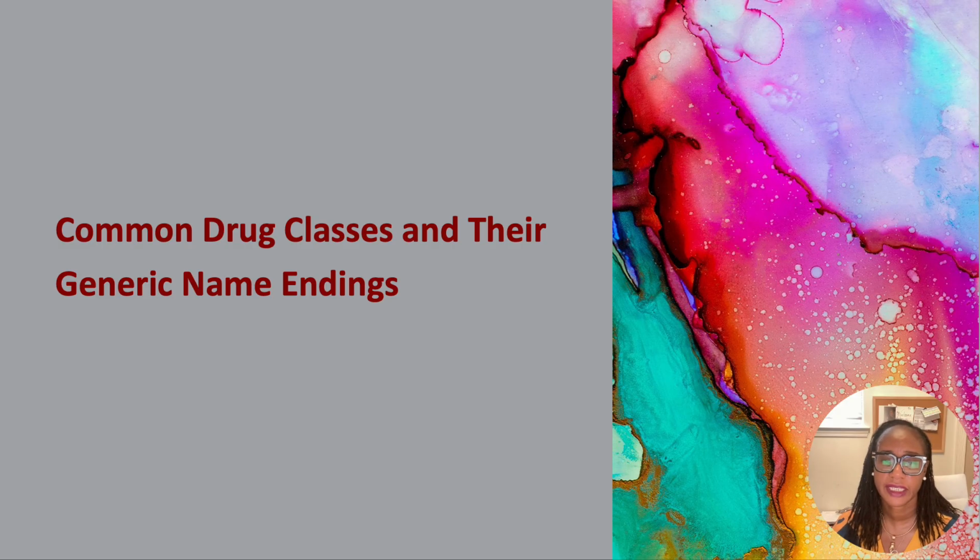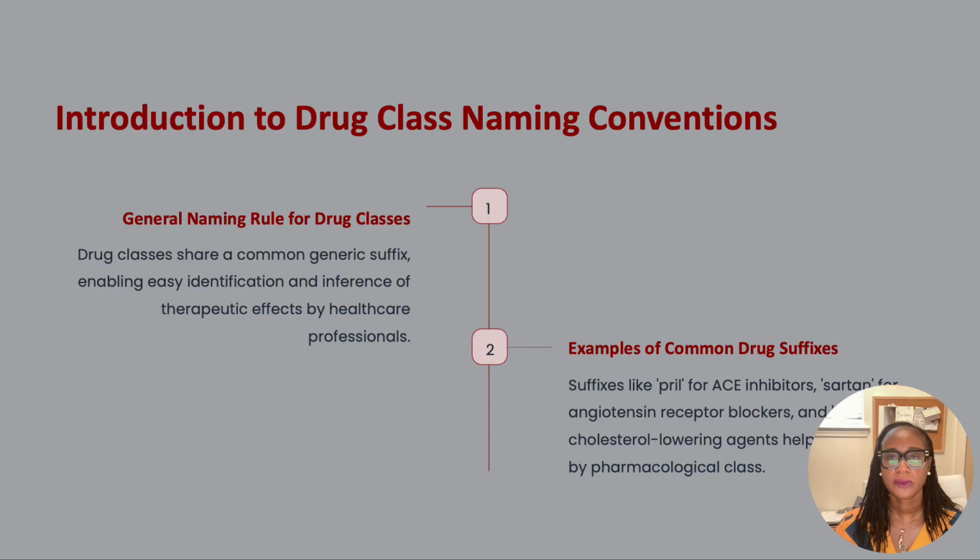Of course, we also have chemical names as well as generic names. It's very important to know the difference between the generic, the trade name, and the chemical name, and so on and so forth. As I mentioned, it's just an introduction to drug class naming conventions, and I went over them already. In a drug class, common names and generic suffixes enable easy identification and inference of therapeutic effect by a healthcare professional.